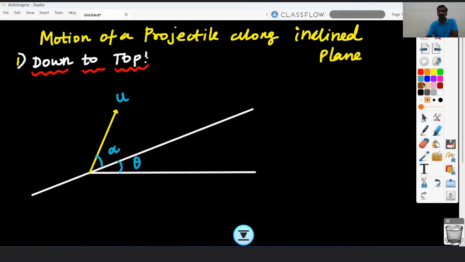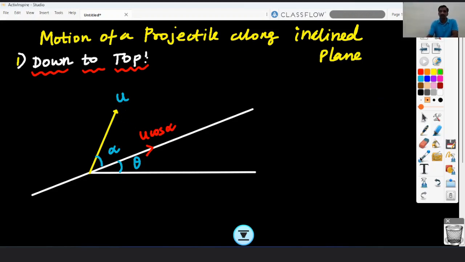Now this will have two components. Along the inclined surface, the velocity will be u cos alpha, that is the horizontal component of the initial velocity.